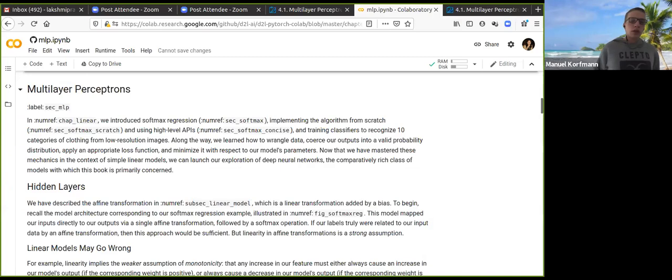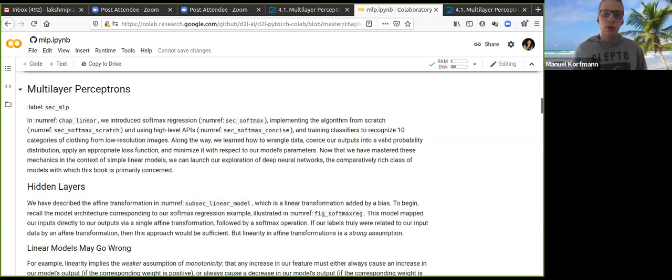In the linear neural networks chapter, we introduced softmax regression, implementing the algorithm from scratch and using high-level APIs, and training classifiers to recognize 10 categories of clothing from low-resolution images.